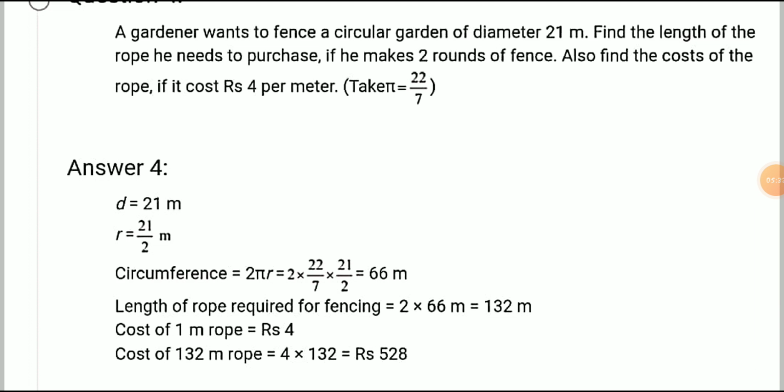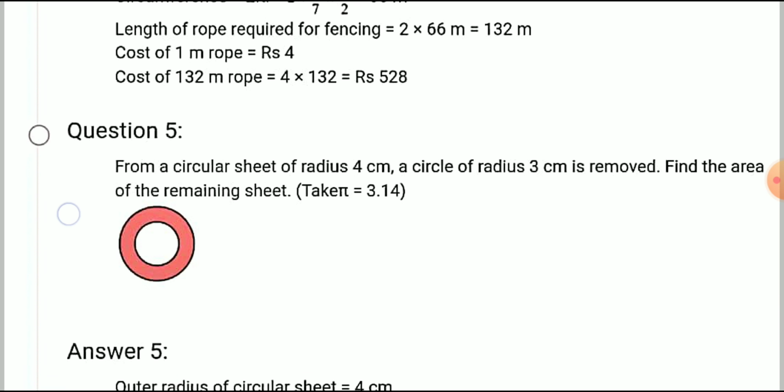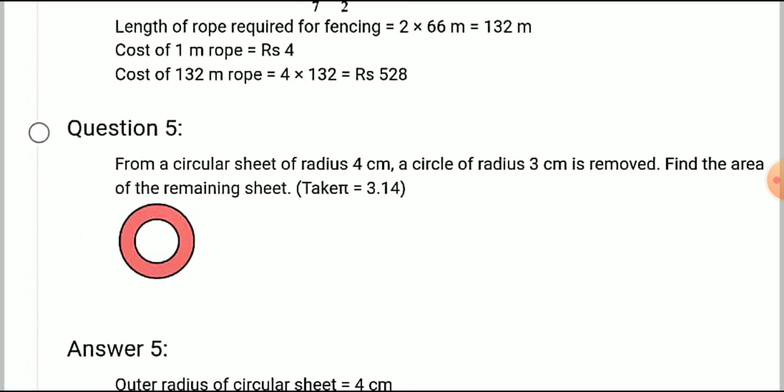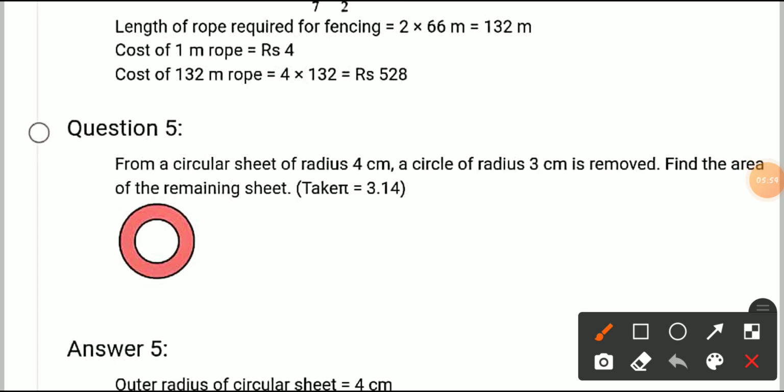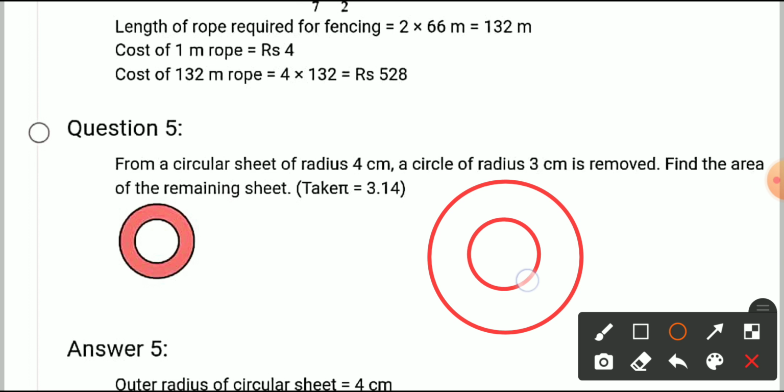Now the next part, question number 5. From a circular sheet of radius 4 cm, a circle of radius 3 cm is removed. I'm showing you, there is a circular sheet of radius 4 cm. Suppose this is a 4 cm radius circle. Okay, and we need to remove a 3 cm circle.